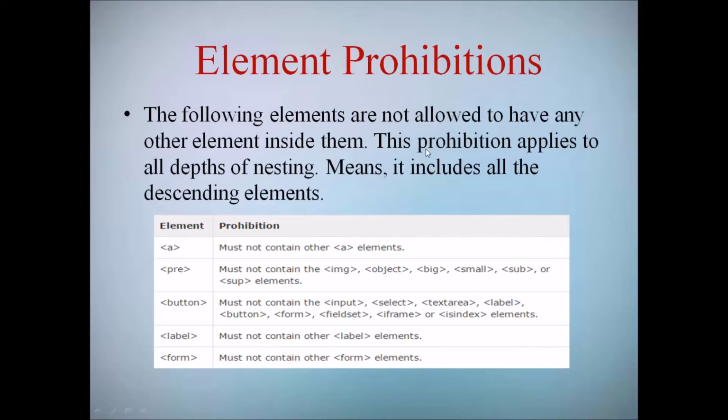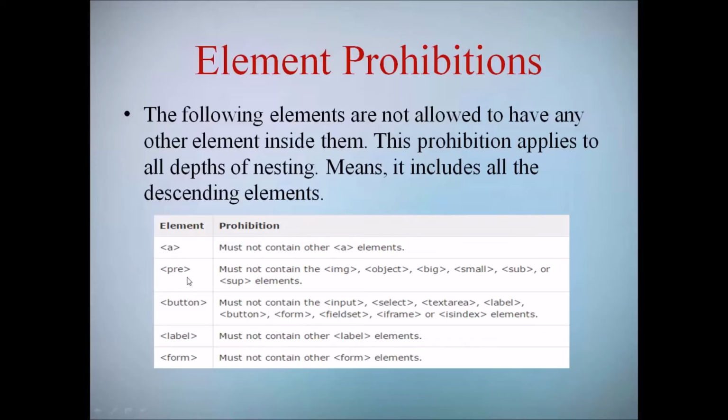Element prohibitions. The following elements are not allowed to have any other element inside them. This prohibition applies to all depths of nesting, meaning it includes all the descending elements. The anchor tag must not contain other anchor elements.